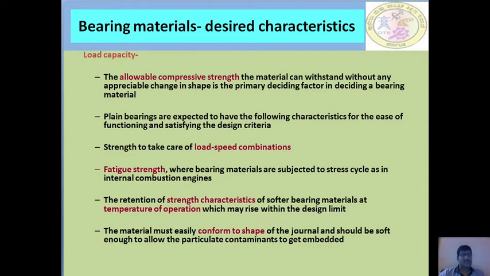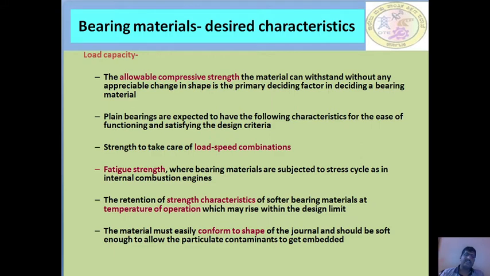With respect to the load capacity, the allowable compressive strength of the material that can withstand without any appreciable change in shape is the primary deciding factor while deciding any type of bearing material.